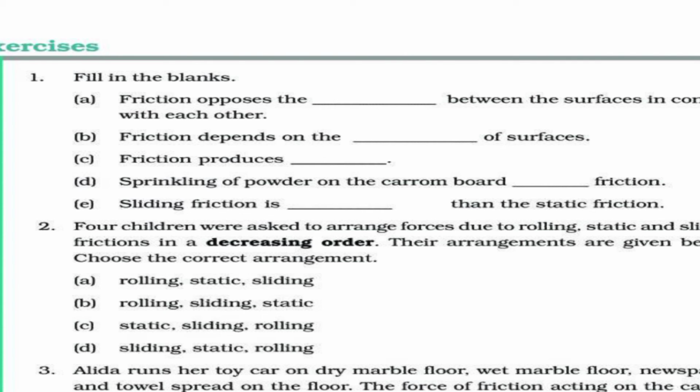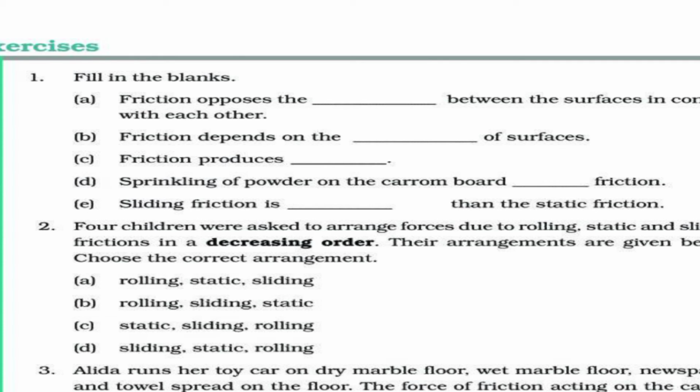Then friction depends on the dash of surfaces, on the roughness or smoothness. Friction produces heat. The third answer is heat. First answer is motion.